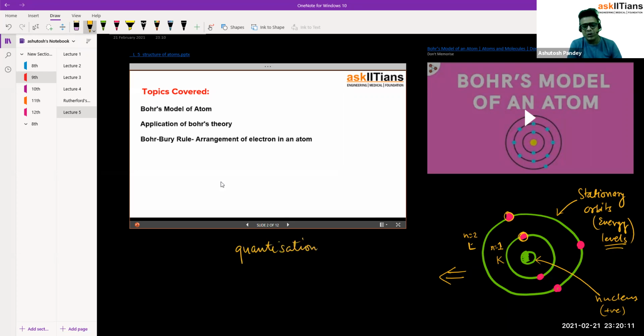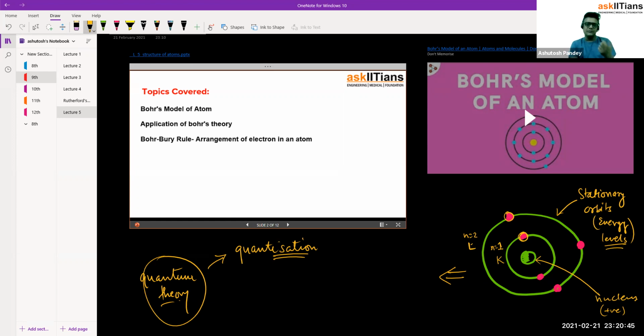This is a very important term, and from this, quantum theory and all these theories came up. Everybody wants to know more about quantum theory, as it is a very fascinating thing about science. This quantum theory actually came from quantization.